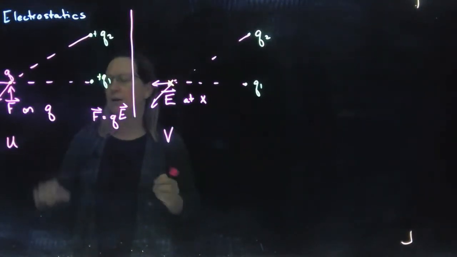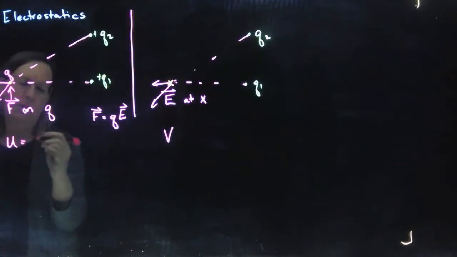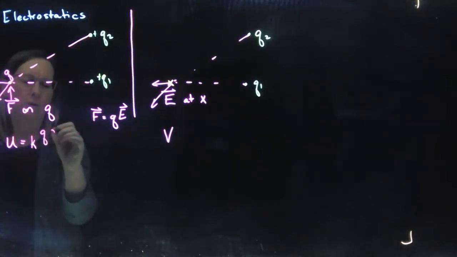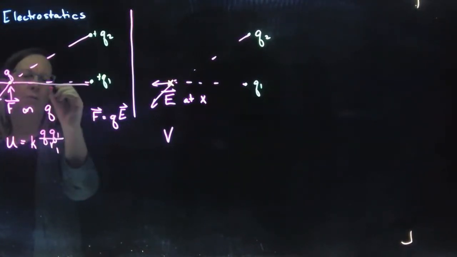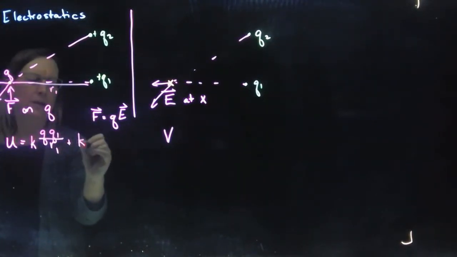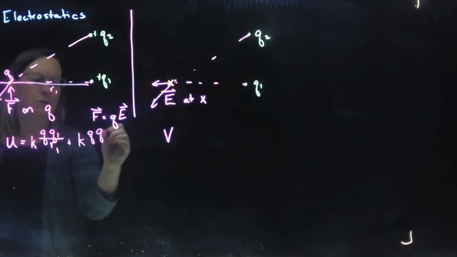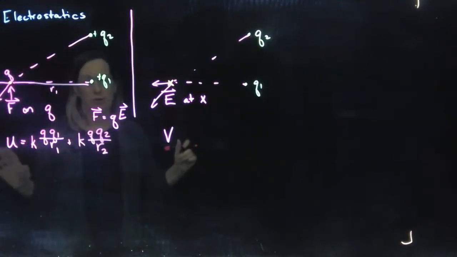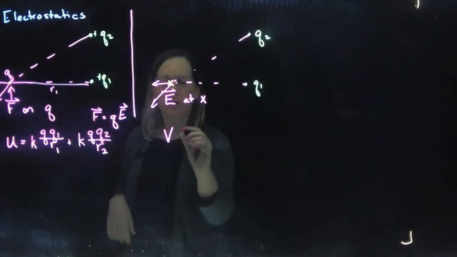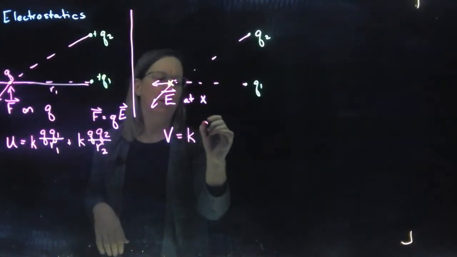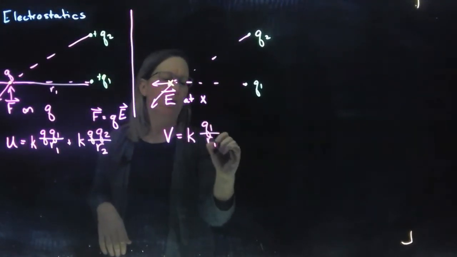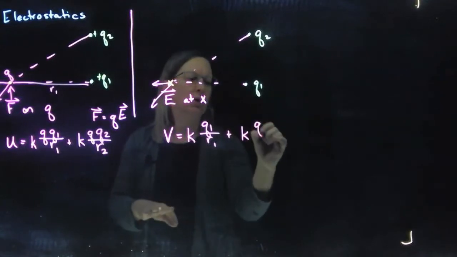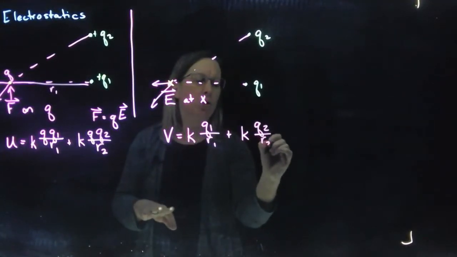To find this, in this case, it would be K Q Q1 over R1, where this would be R1, plus K Q times Q2 over R2. Beauty is there are no vectors here. We just add them up. The voltage at this point is just going to be K Q1 over R1 plus K Q2 over R2, right?